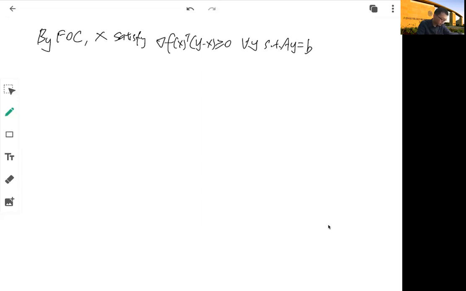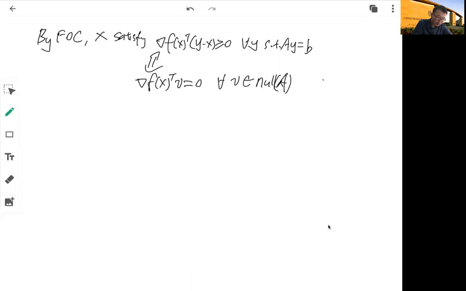By the first order optimality condition, we know that the optimal solution X satisfies the condition for any Y such that AY is equal to B. I claim that this condition is equivalent to saying that the gradient of f of x transpose v is equal to 0 for any v inside the null space of A. So what is the definition of null space?